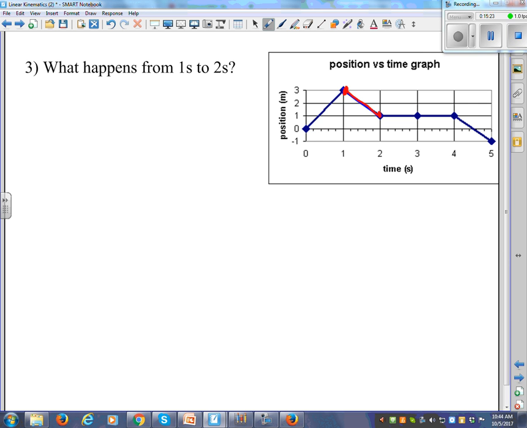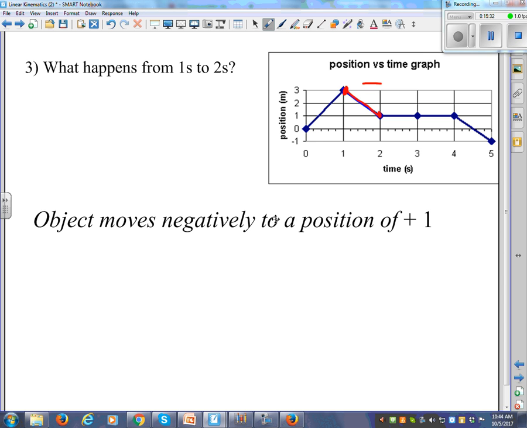Anything else? Negative slope, which means going backwards to the left. Object moves negatively to a position of +1. Or maybe we should say that would be backwards. Right? Negative speed. It's moving backwards.